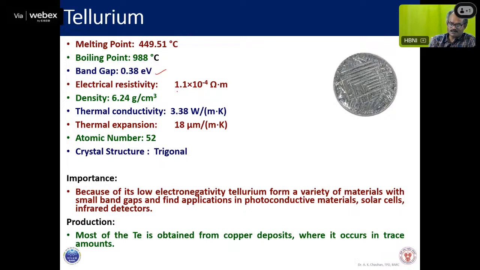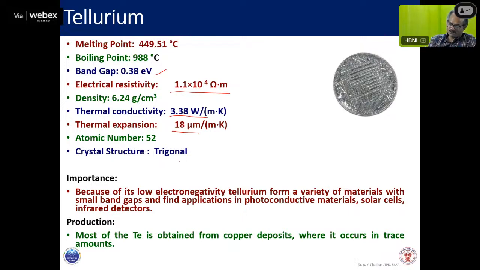The electrical resistivity is in this range. The density is 6.24 gram per centimeter cube. The thermal conductivity is 3.38 watt per meter K. It has a higher thermal expansion, about 18 micron per meter per Kelvin, and atomic number that you know.